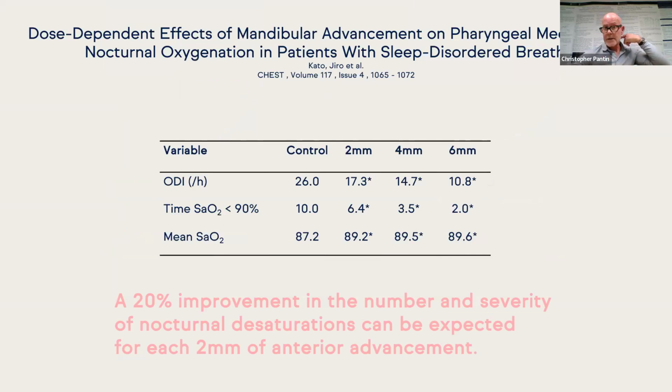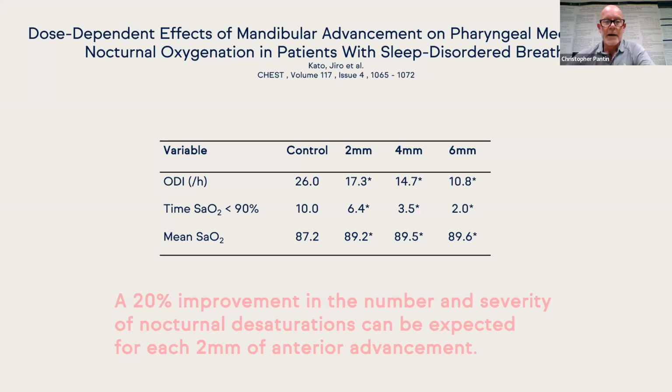Okay, so this was a study done by Cato, looking at the dose-dependent effects of MAS on pharyngeal mechanics and nocturnal oxygenation in patients with SDB. So looking at those, he basically protruded the mandible in 2 mm increments.